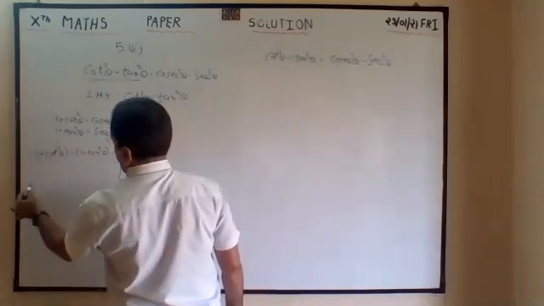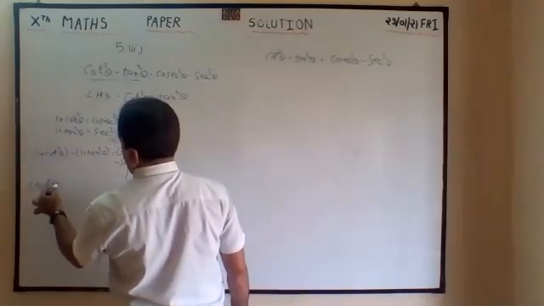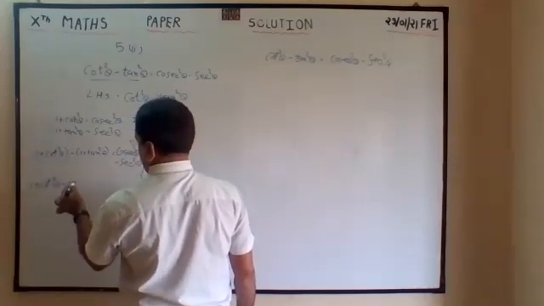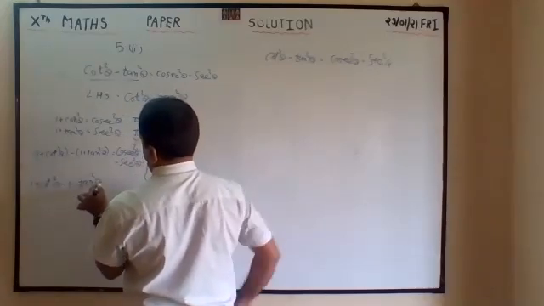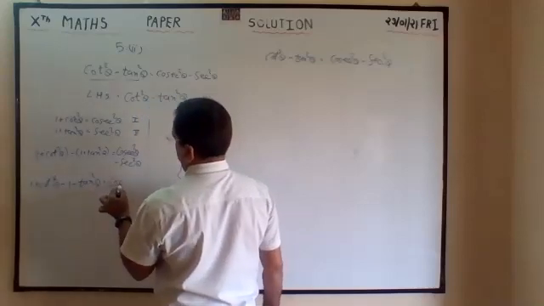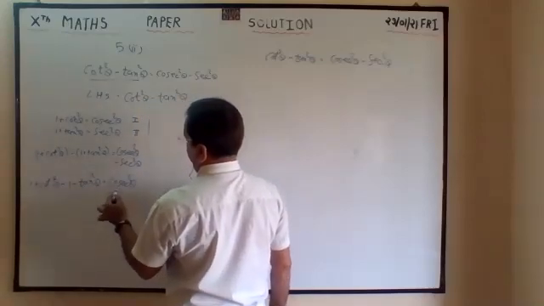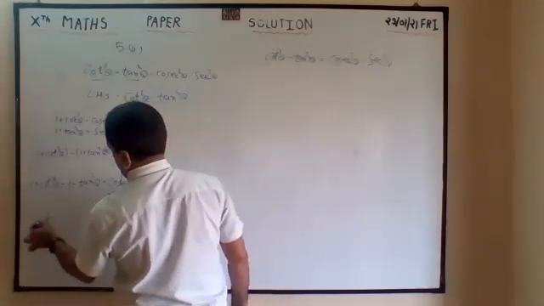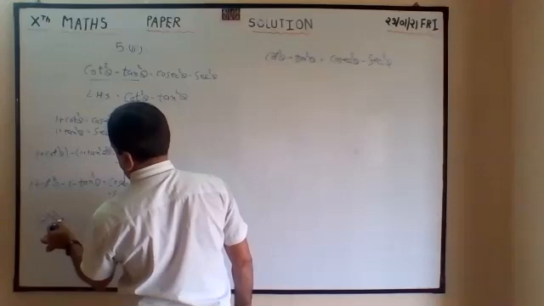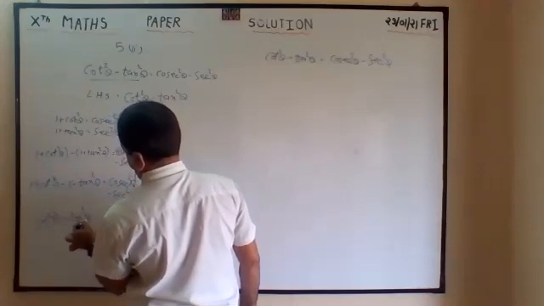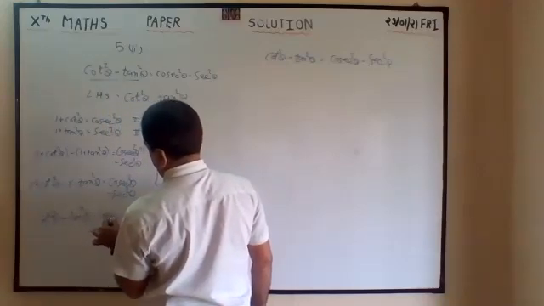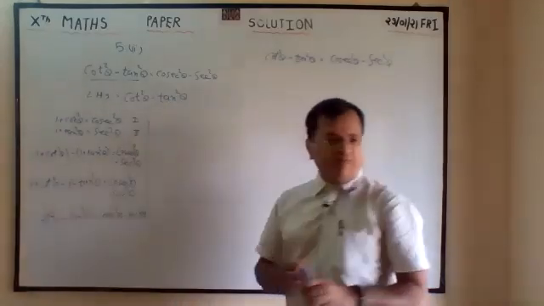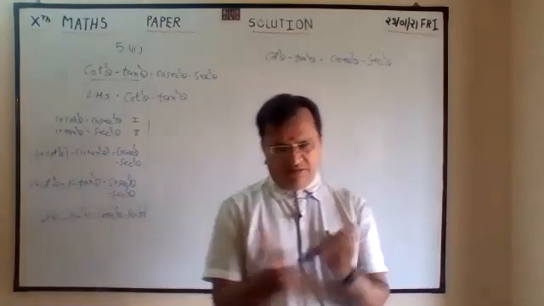When you open the bracket, 1 plus cot square theta minus 1 minus tan square theta is equal to cosec square theta minus sec square theta. So this will cancel. So cot square theta minus tan square theta equals cosec square theta minus sec square theta. Hence it is proved by the first method.